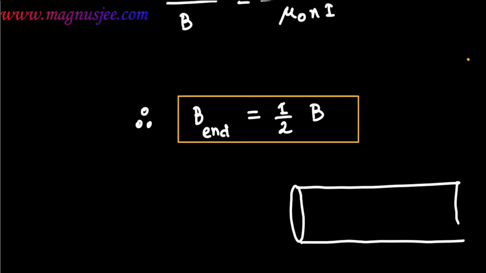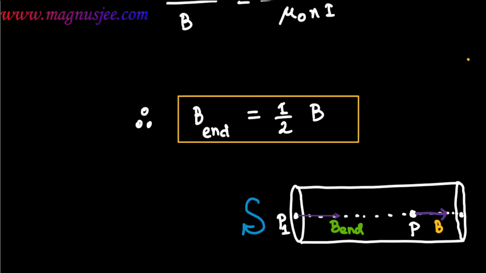Now we can draw the diagram of the solenoid again. This is the axis of the solenoid, a point P, and the center P1 of the cross section. At P, magnetic field induction is B, which acts from south pole to north pole. At P1, the magnetic field induction is half of B, also acting from south pole to north pole inside the solenoid.